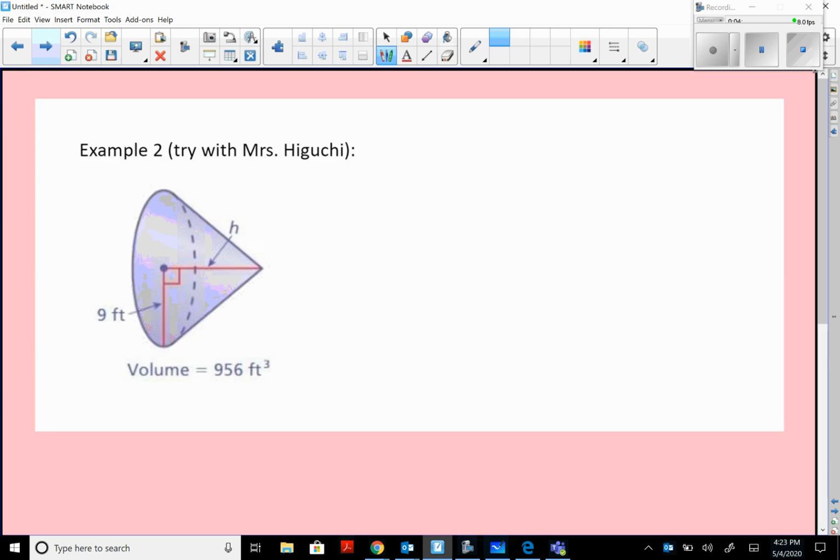This next example that we're going to do together, we're already given the volume and we're trying to find the height. You'll see right here that the H, we don't know what H is. That's our goal. So I'm going to go ahead and rewrite the formula. Volume equals 1/3 capital B H. And that capital B again stands for the area of the base, which is a circle.